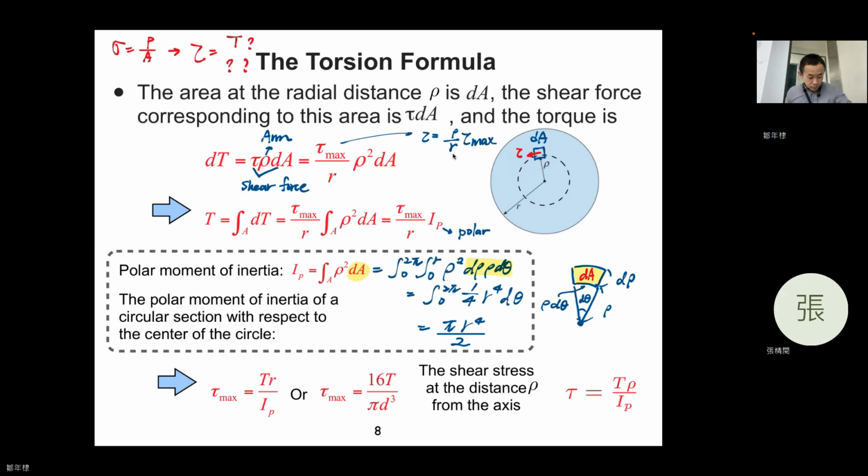So that's it. Your IP is the moment of inertia in the polar direction. If the cross section is a circle, your IP becomes pi r^4 divided by 2. Also, the moment of inertia can be looked up in Appendix D in your textbook.